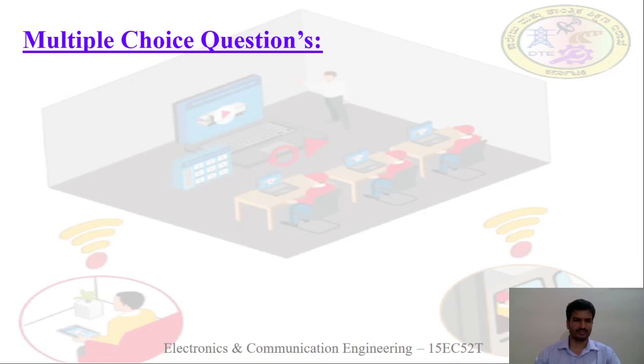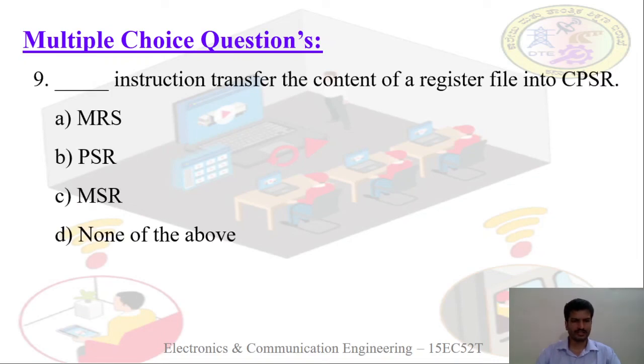So next question is, which dash instruction transfers the content of a register file into a CPSR: A. MRS, B. PSR, C. MSR, D. none of the above. Which instruction transfers the content of a general purpose register into the CPSR, the current program status register?